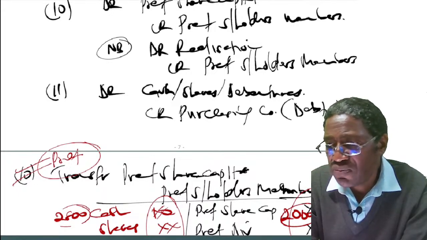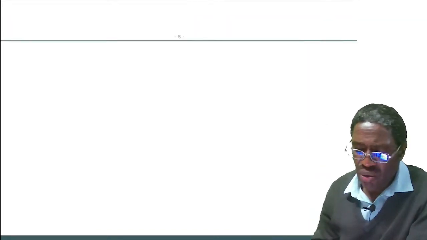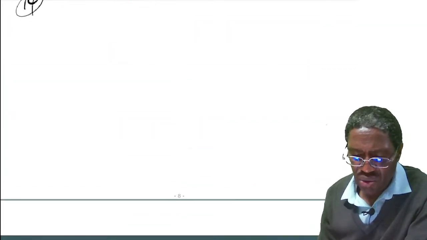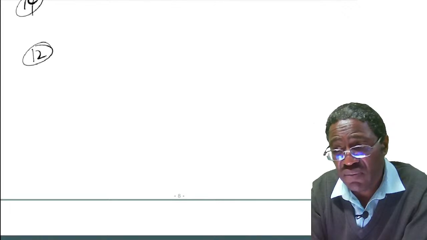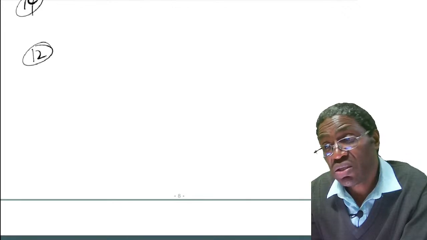Then you see this, number 12: pay the preference shareholders what is due to them, either in form of cash, shares, or debentures.